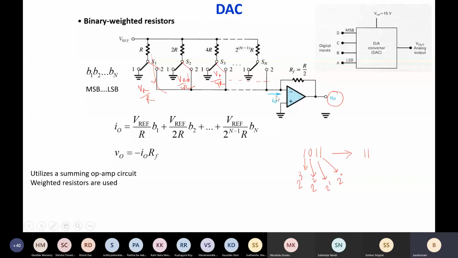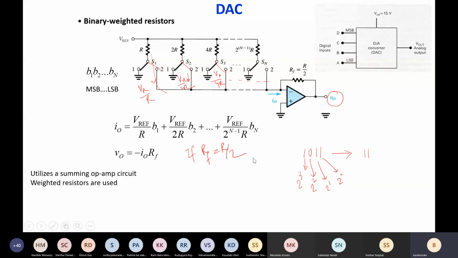And then this current passes through the feedback resistor, and if we choose Rf equal to R by 2, then simply your output voltage will be how much? Minus, this is an inverting amplifier. So minus I0 into Rf, and I0 means this combination. Okay.